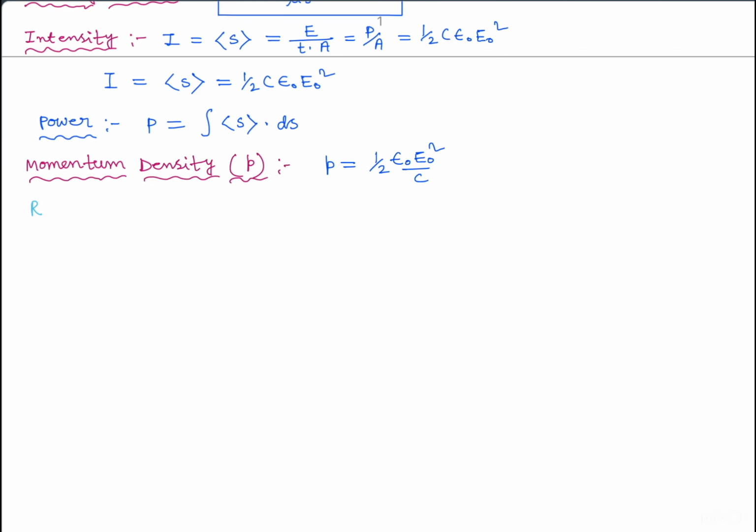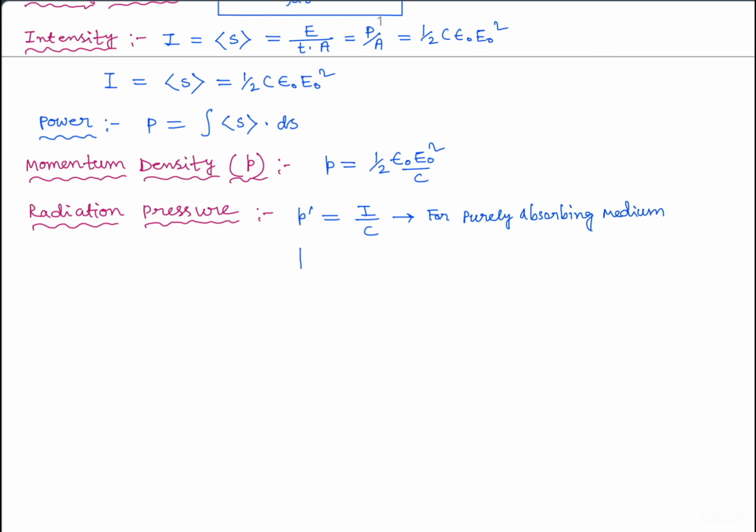Next we find the radiation pressure, which I write as P dash, equal to I by c for a purely absorbing medium, and P dash equal to 2I by c for a perfectly reflecting medium.